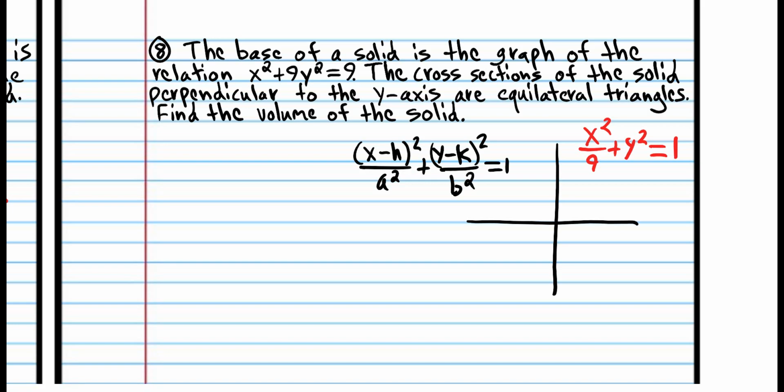So A is 3. What that means is we go out -3 and 3, and obviously we can see that K and H, they're not there, so we just consider those to be 0. And B is going to be 1, so that means we go up 1. So our ellipse is going to look something like that.